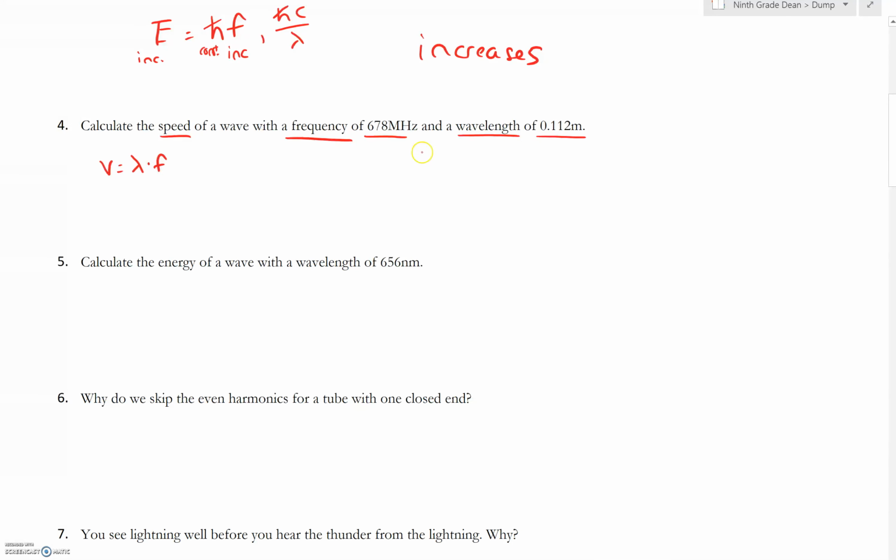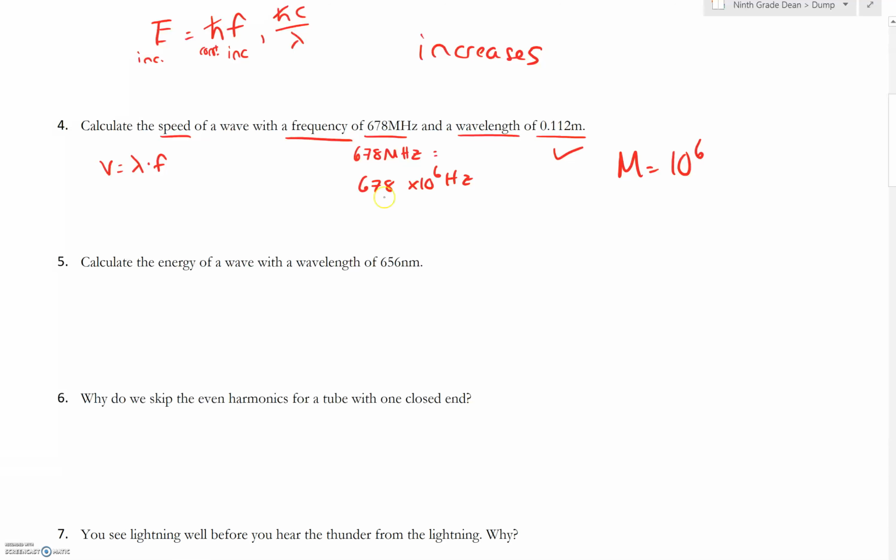Now, a couple of things you had to do here though. The wavelength was good, it was in the right units, but 678 megahertz is the same thing as 678 times 10 to the 6th hertz, okay? Because mega is 10 to the 6th. That was one of the prefixes we learned, okay?